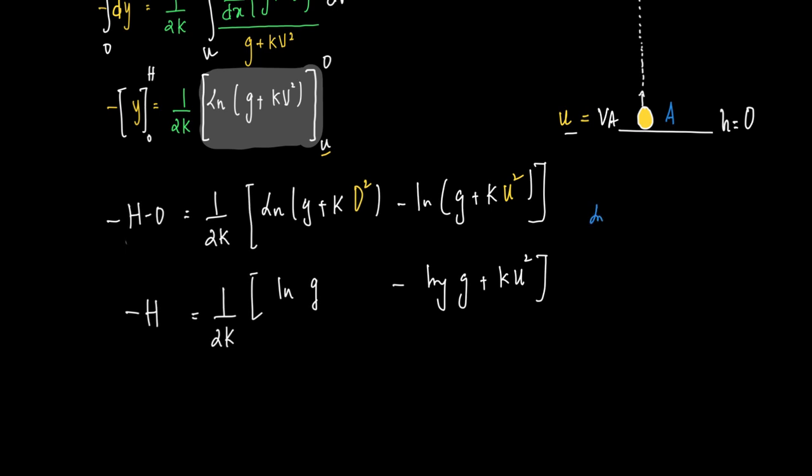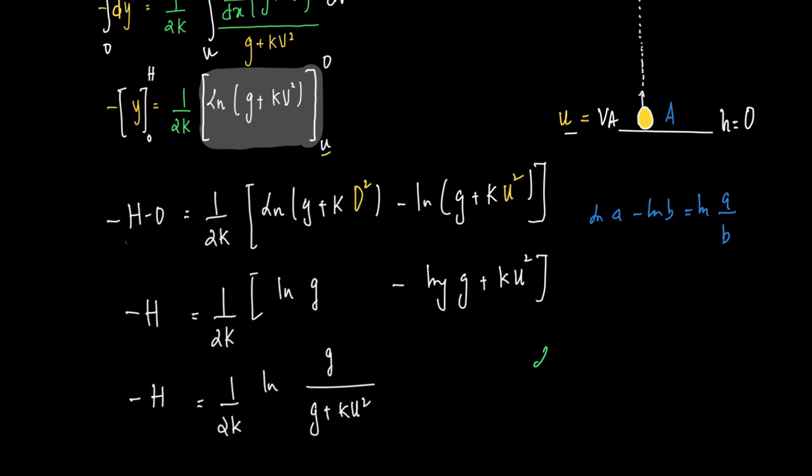Now let's make use of this property. What is ln a minus ln b? It is ln a by b. So this becomes minus h is equal to 1 by 2k times ln of g by g plus ku square.